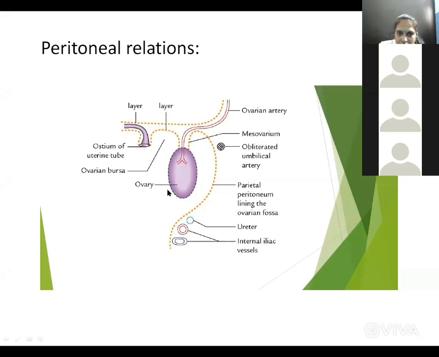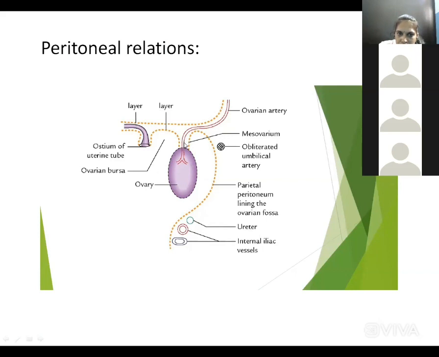It is surrounded all around by the peritoneum except at the anterior border, where two layers of the peritoneum are reflected on the posterior aspect of the broad ligament. That means ovaries are attached to the posterior aspect of the broad ligament by a fold of peritoneum that is called mesovarium. So this fold having two layers is the mesovarium.